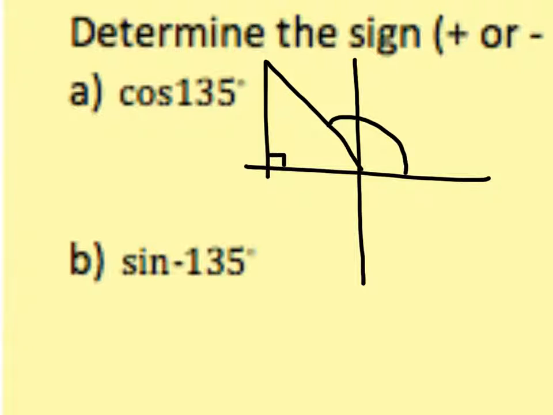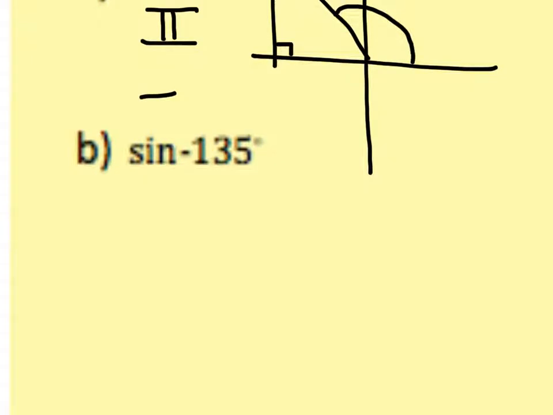Okay, so I know I'm in the second quadrant. So is cosine positive or negative in the second quadrant? And since it's all students, sine is only positive in the second quadrant, so cosine will be negative. Okay, pretty simple. I'll do B for you, and then I'll have you do the next ones.